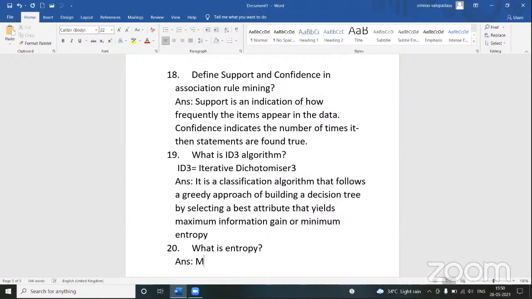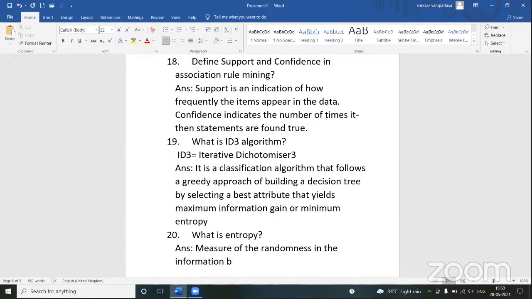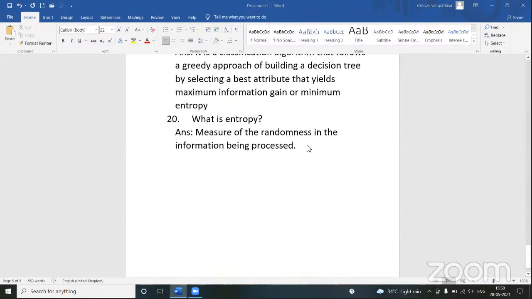Simply, a measure of randomness in the information being processed. This is entropy. Next question.